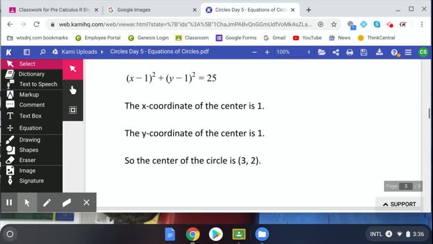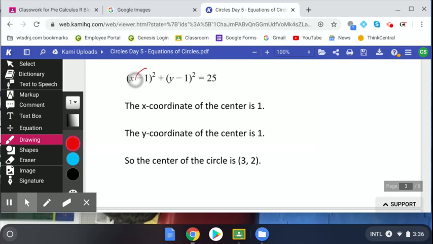If you look at this example and I ask you where the center is, the x coordinate of the center would be this number with the opposite sign, and the y coordinate is this number with the opposite sign. So the center of the circle is at 1, 1.